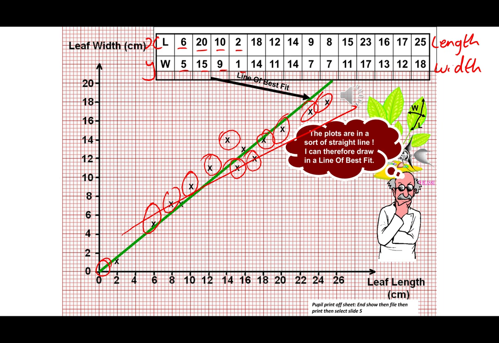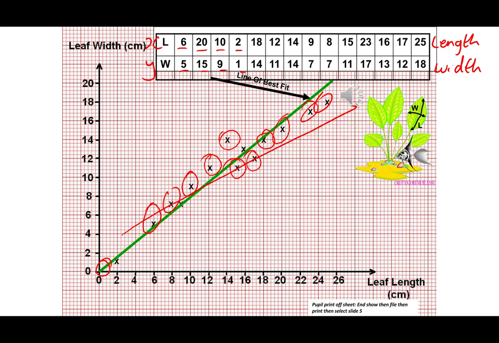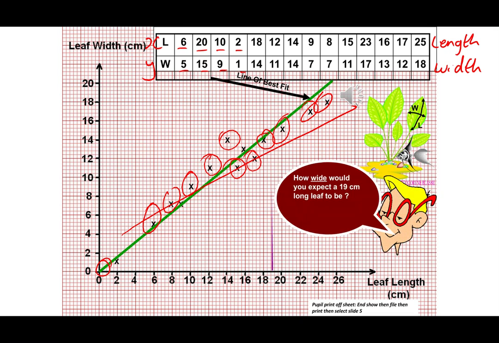So let's say I have a leaf length that is 19. Sorry guys, not the width.